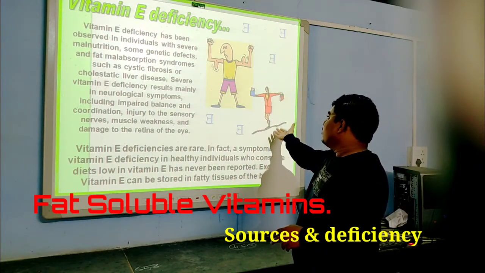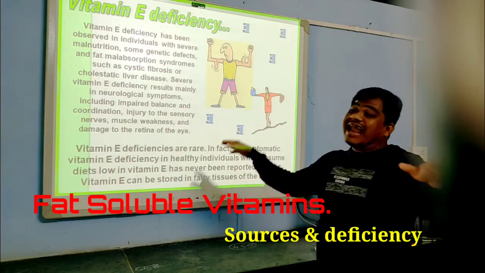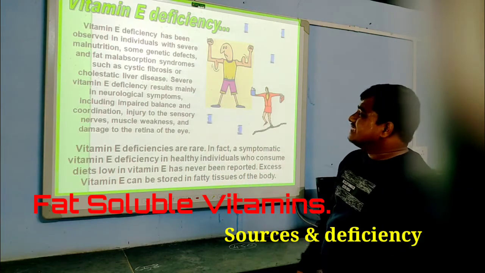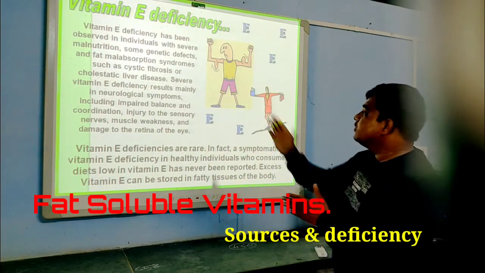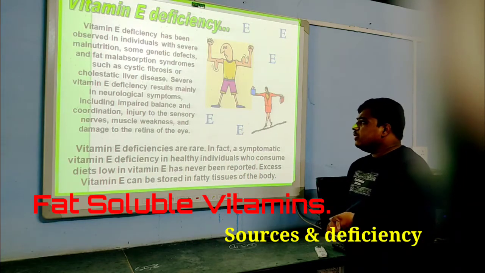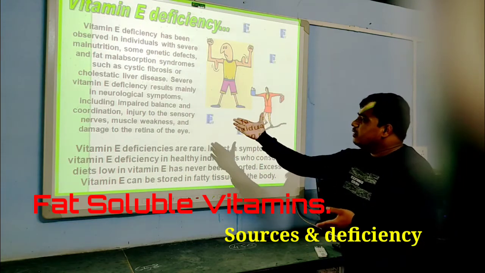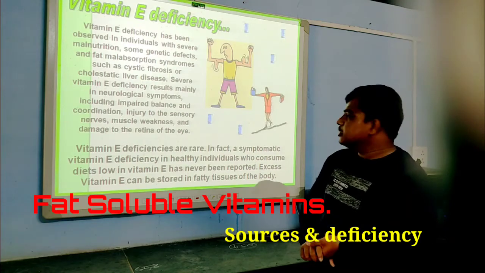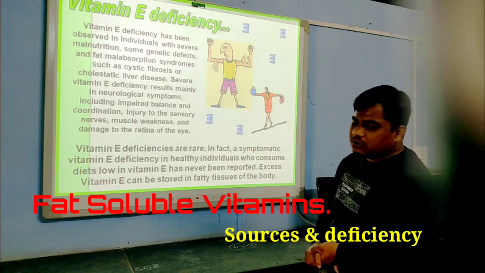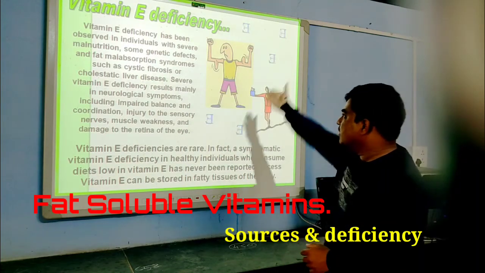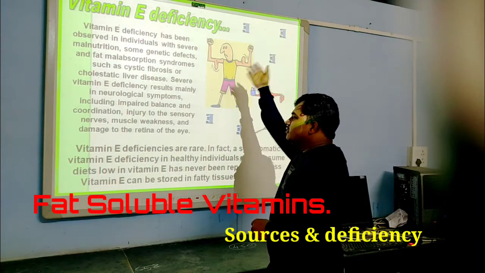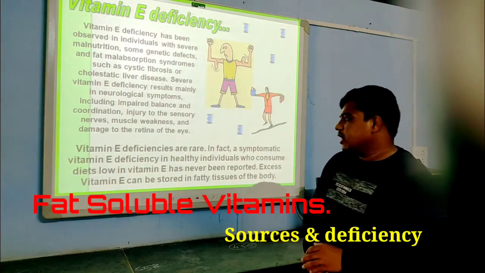Here, the lady has balance, but if you fail to take vitamin E, then impaired balance and coordination, injury to the sensory nerves, muscle weakness, you can see here in the figure, and damage to the retina of the eye.